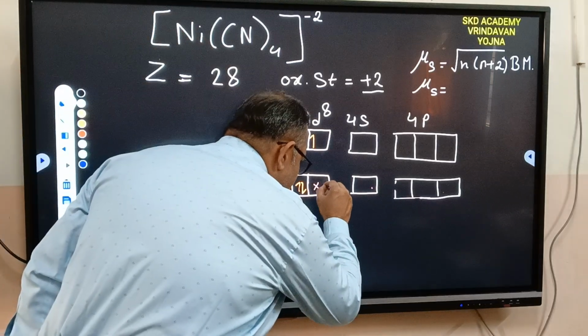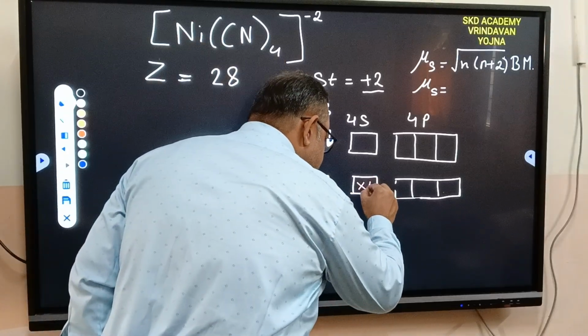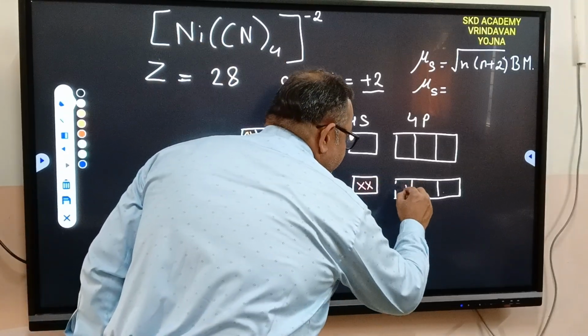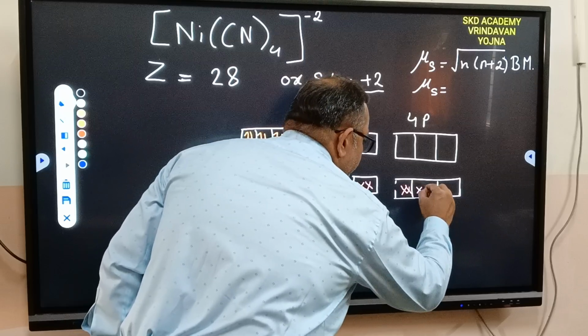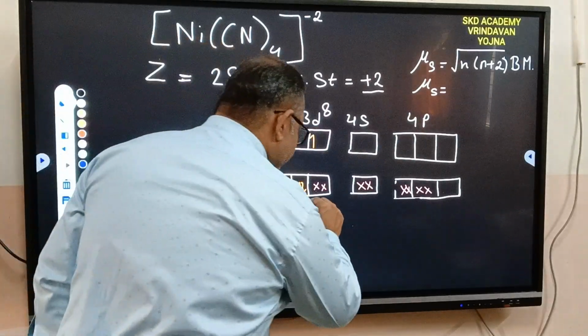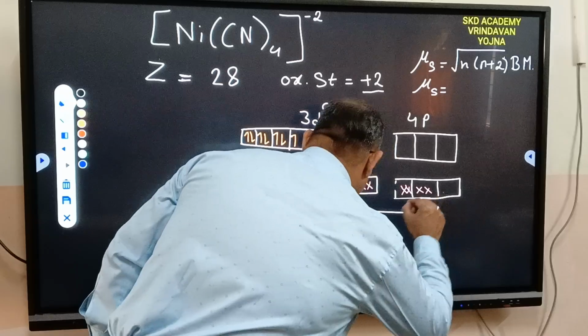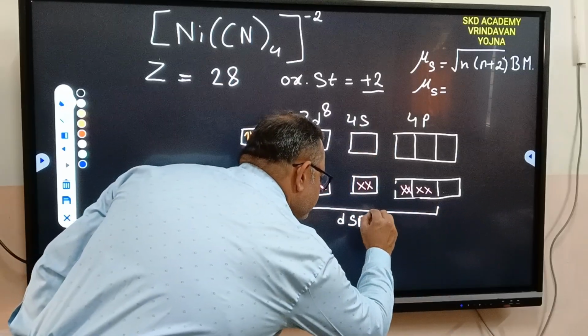There will be one orbital from d, one from s, and two orbitals from p. Thus, the state of hybridization will come out as dsp2.